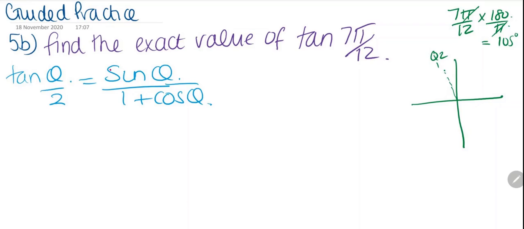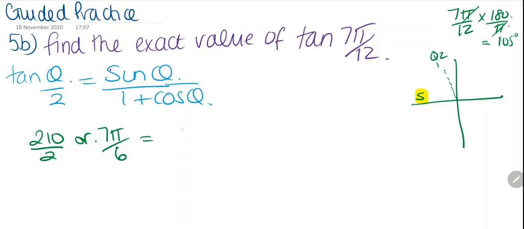And in quadrant 2, only sine is positive. So our theta is going to be 210 degrees, so it's going to be 210 over 2. And if we write this in radians, this is 7 pi over 6 divided by 2.